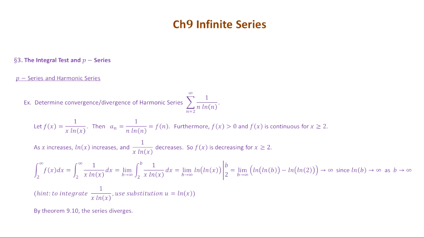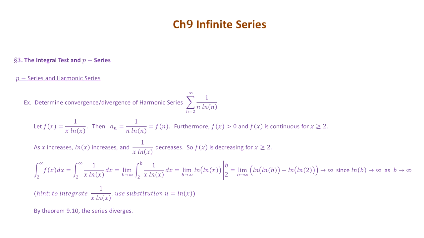And the function is continuous, since there's nothing in the denominator that will be 0 when x is greater than or equal to 2. The denominator would be 0 when x equals 1, but because x is greater than or equal to 2, it's always positive. So it is continuous for x greater than or equal to 2.